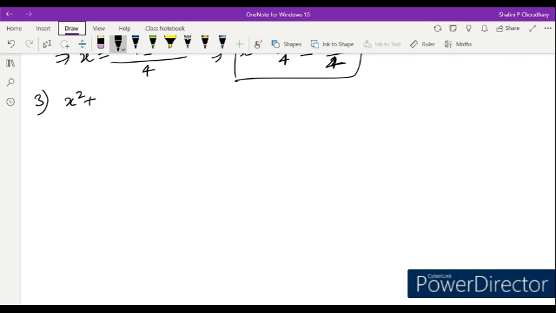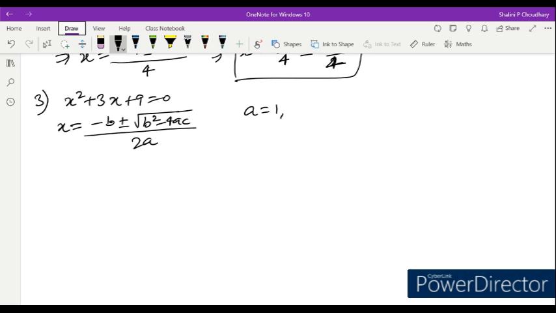x squared plus 3x plus 9 is equal to 0. Now x will be equal to minus b plus minus square root of b square minus 4ac divided by 2a, where a is equal to 1, b is equal to 3 and c is equal to 9. Now we'll put the value of a, b, c in this one. So what we'll get?